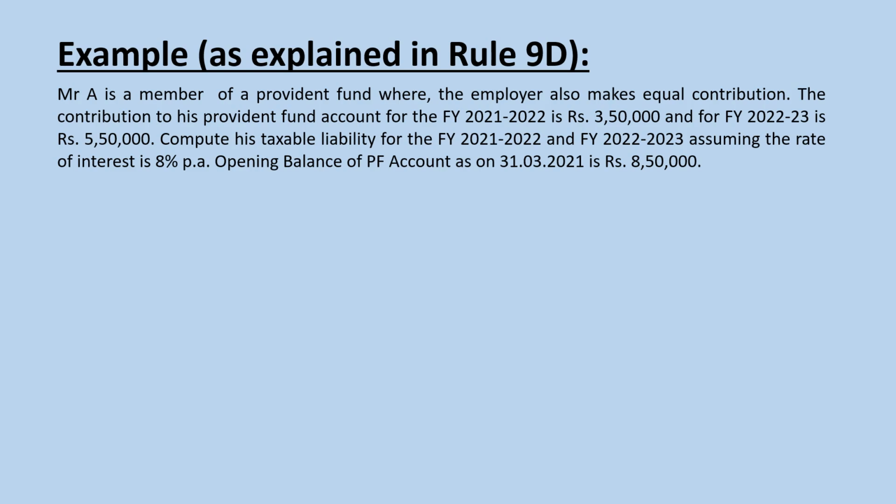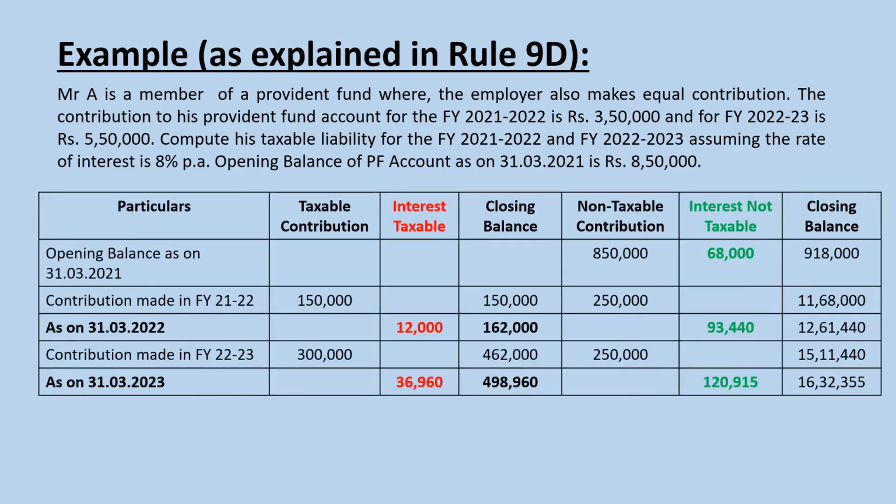Compute his taxable liability for the financial year 21-22 and financial year 22-23, assuming the rate of interest is 8% per annum. Opening balance of PF account as on 31st of March 2021 is rupees 8,50,000.